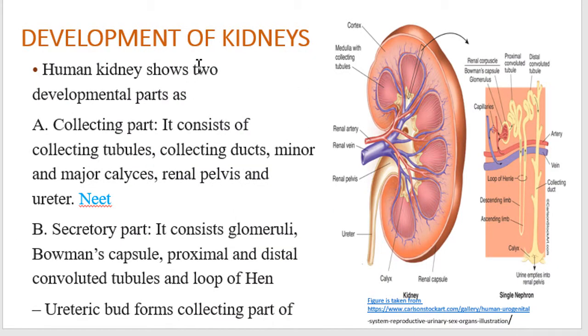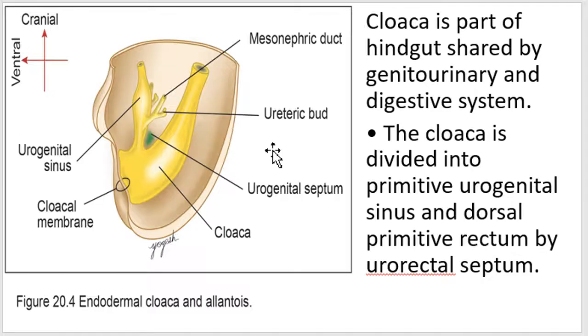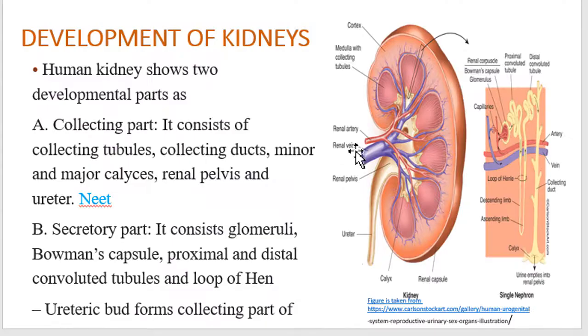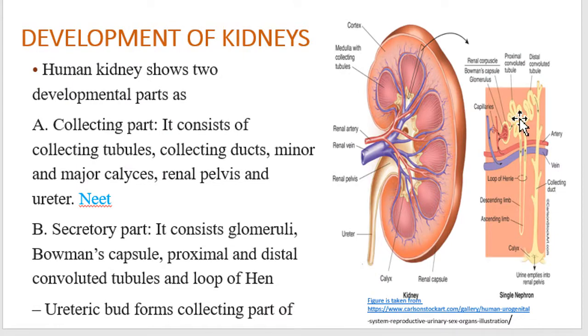The kidney has a collecting part and a secretory part. We see there are proximal convoluted tubules, distal convoluted tubules, and the loop of Henle. This part is the secretory part.